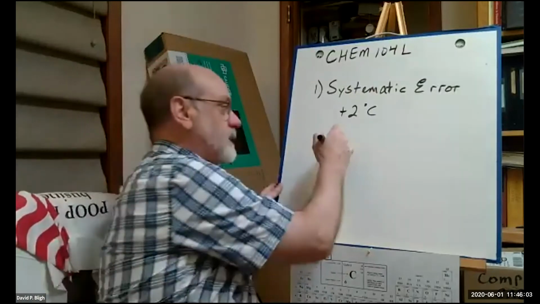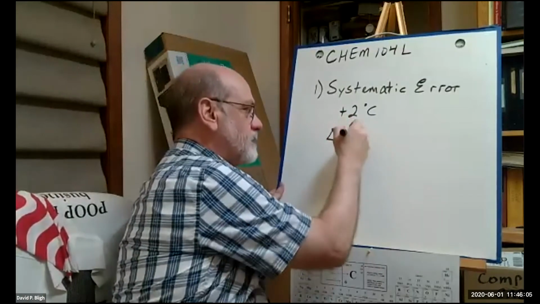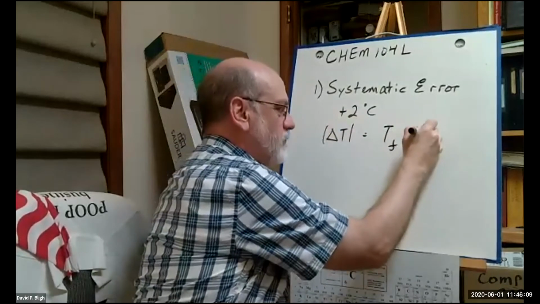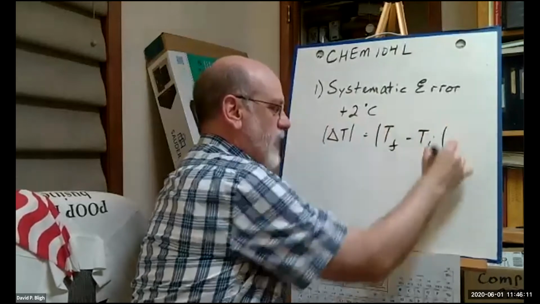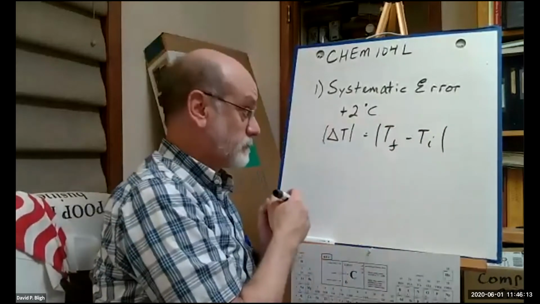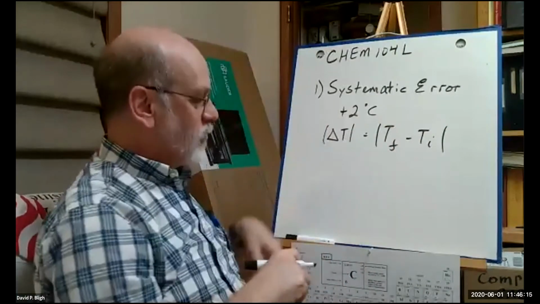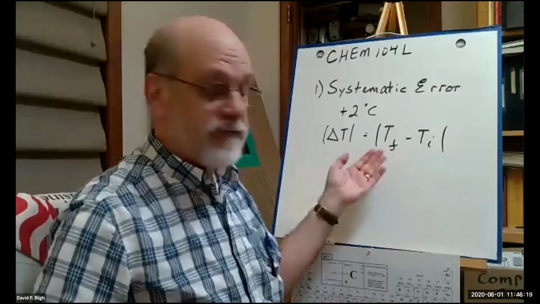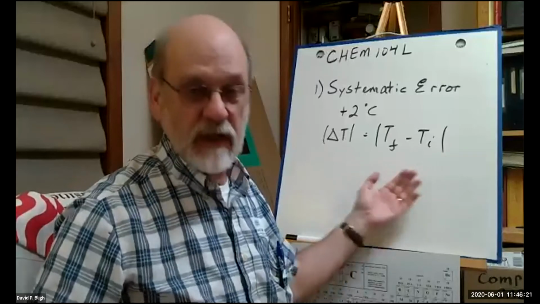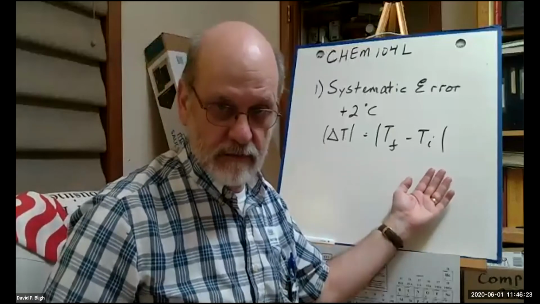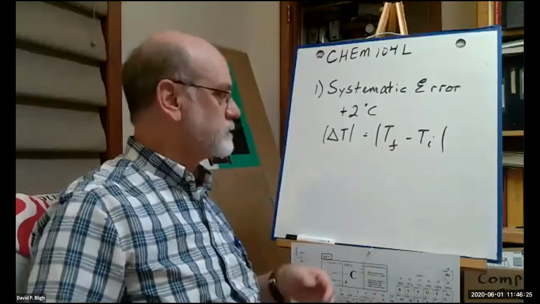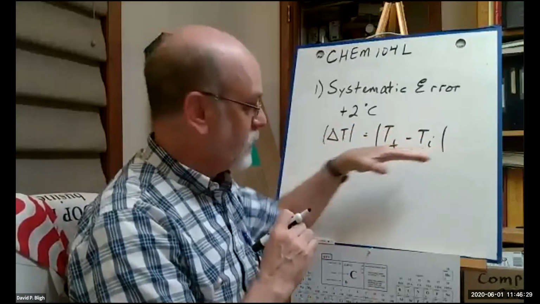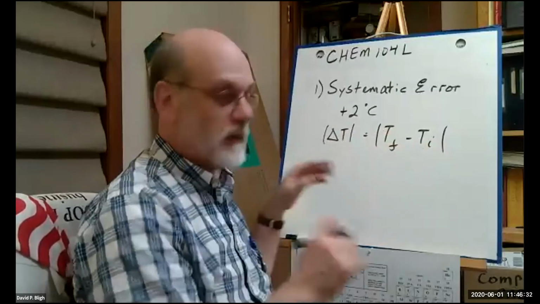Well, think about it. Delta T is equal to final minus initial, absolute value. So we're measuring temperature. Final would be the solution. Initial would be the pure substance, right? Subtract the 2. So we measured the freezing point here, freezing point here.